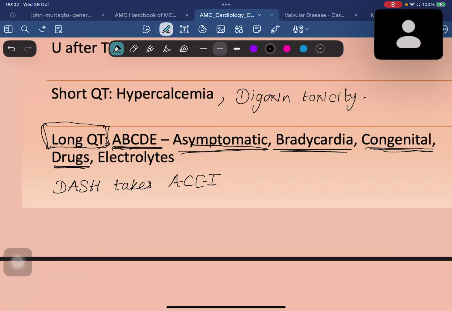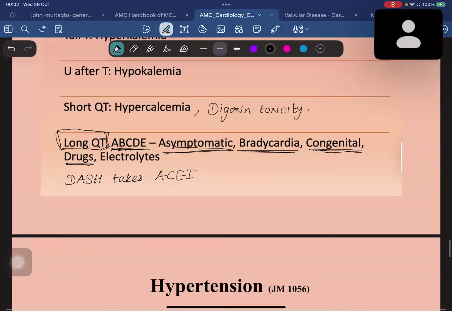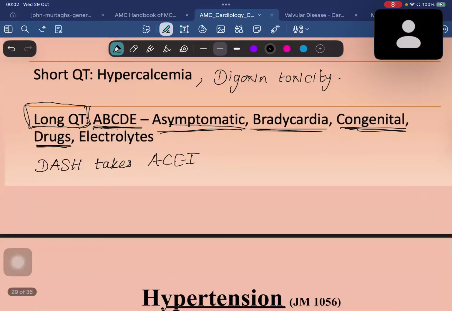I'll just try to write it here. I hope it's clear for most of you. D would be disopyramide. A was amiodarone.